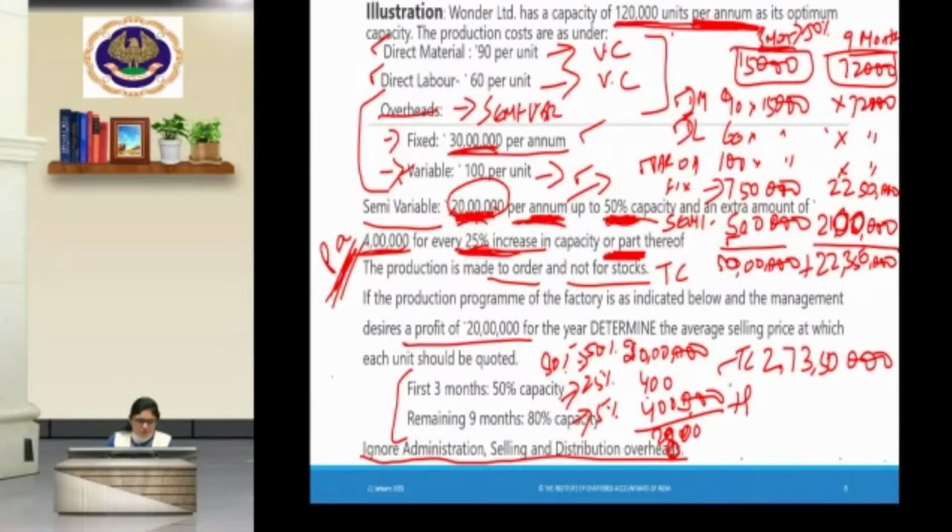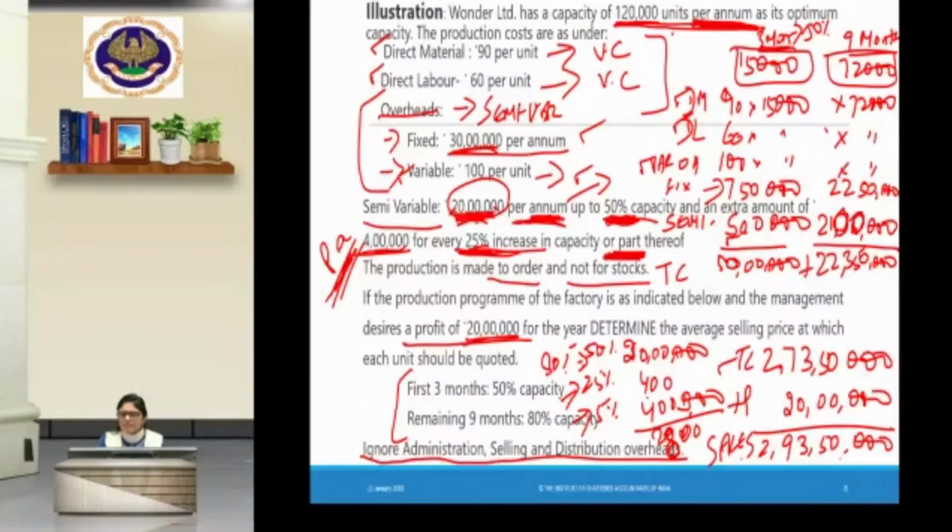How much profit do we require? Profit is 20 lakh. We require 20 lakh as profit. So it comes to 2 crore 93 lakh 50,000 as the sales. 2 crore 93 lakh 50,000 is the total sales.